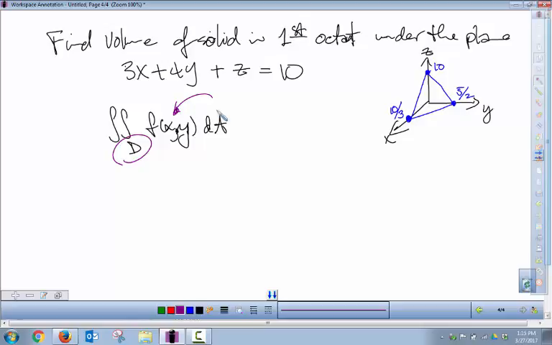So your function is a function of x and y. And so if you take your graph and get z over to one side, you're going to get your function.